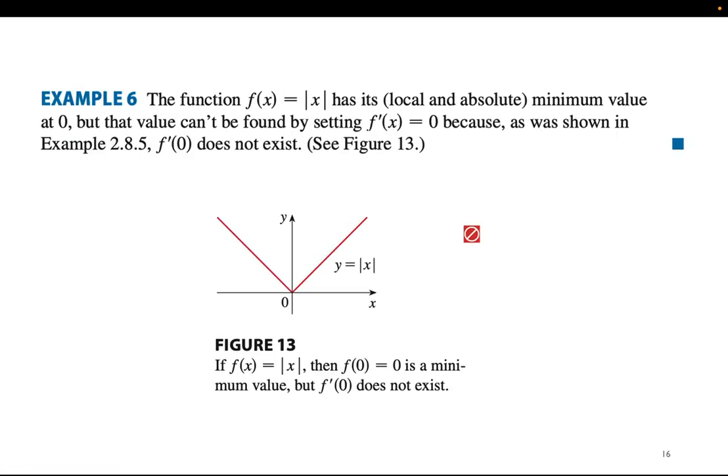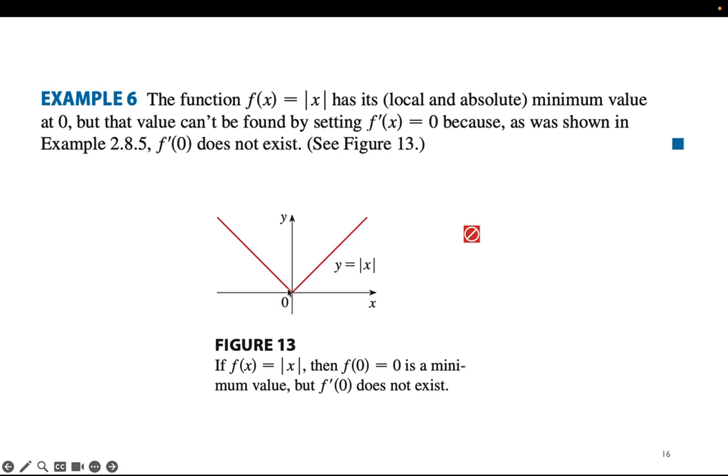But we have to be careful because it's possible that we have a local or an absolute minimum without the derivative being 0. So just because the derivative is 0, that doesn't mean that it's a local max or min. For example, here we see that the function has no derivative, right?